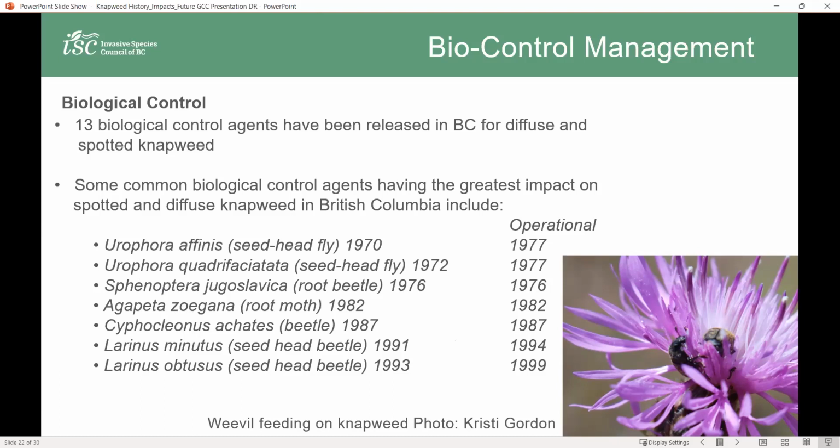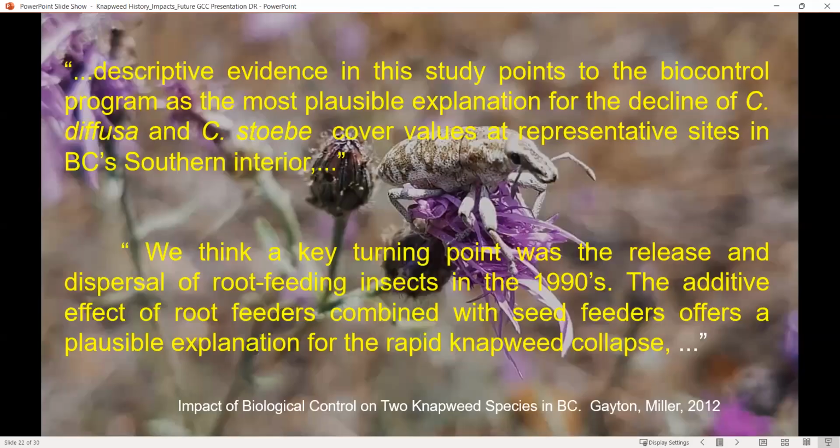Typical classical biocontrol is very successful when you get a number of different insects or pathogens working on the plant. You can see here we've got insects that work on the seed head, insects that work on the root. So it's impacting lots of different parts of the plant.